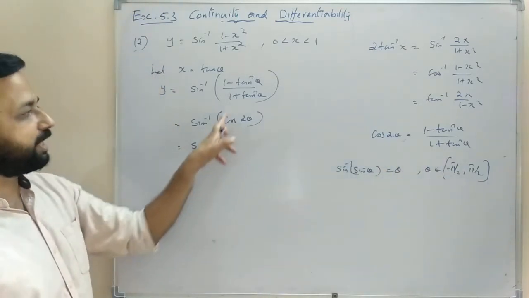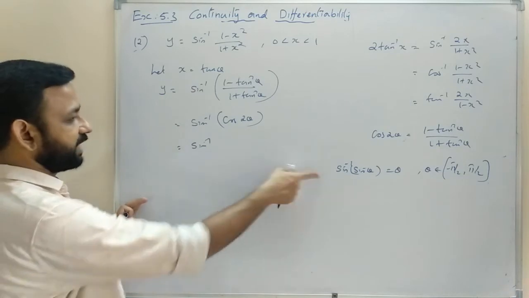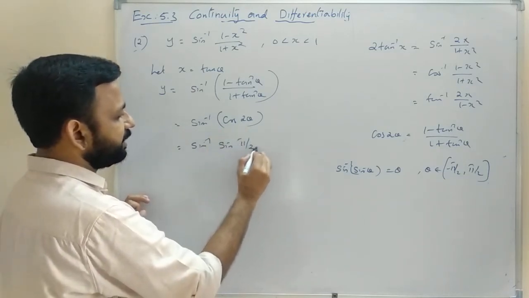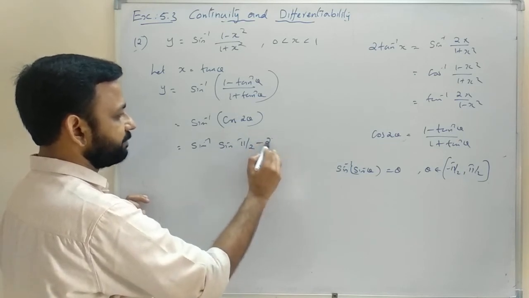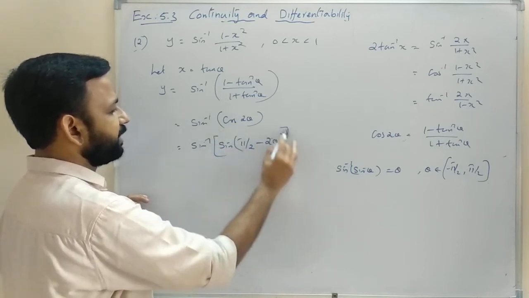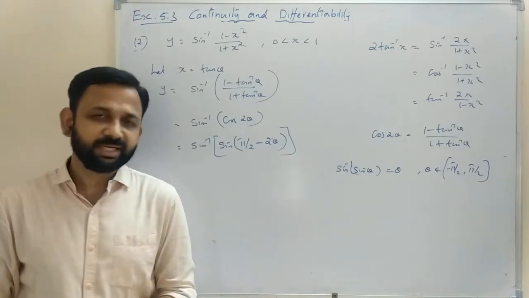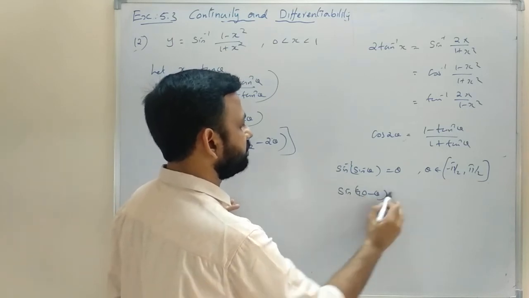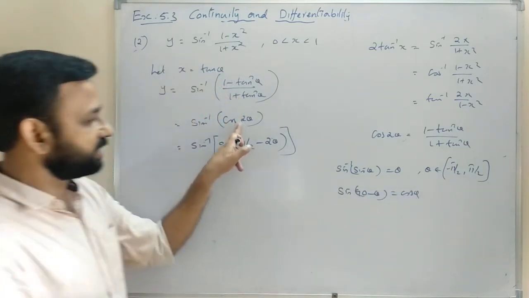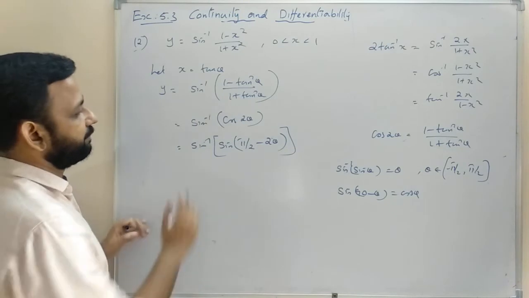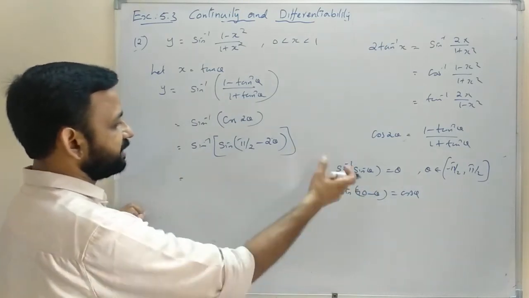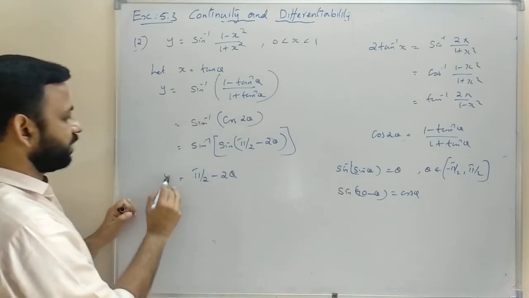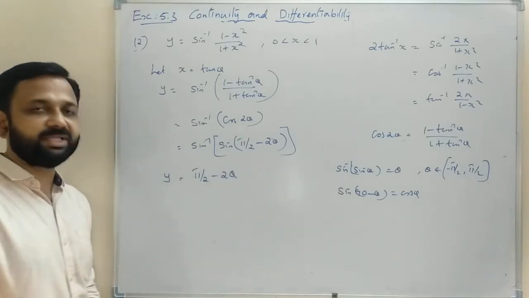So cos 2 theta is sine of (90 minus 2 theta), because sine of (90 minus theta) is cos theta. Now we can apply this: sin inverse sin theta is theta, so we get pi by 2 minus 2 theta, that is y. Y is equal to pi by 2 minus 2 theta.